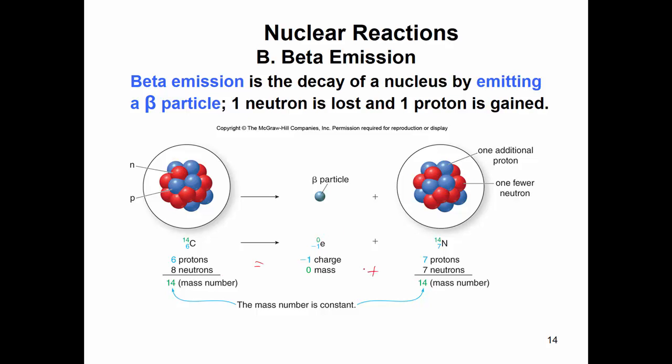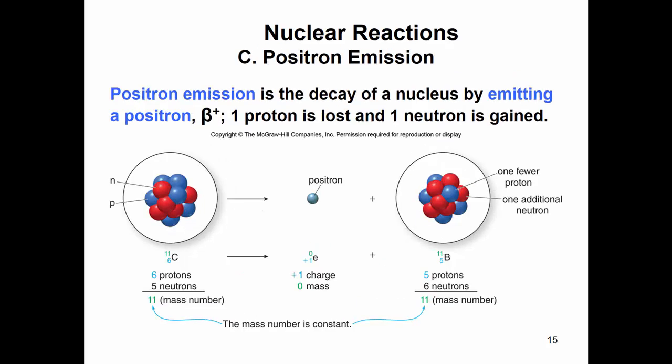The big difference being here is a negative, so 7 minus 1 equals 6. So this would be a balanced nuclear reaction with a beta particle.